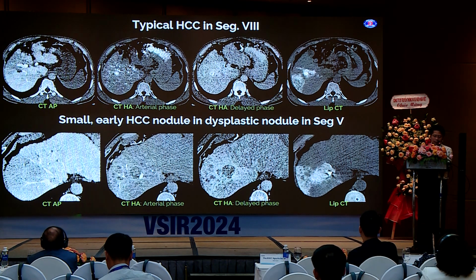So it's clearly an early HCC nodule in a dysplastic nodule, a nodule-in-nodule pattern. So we treat both nodules with selective TACE, and the CT shows that the lesion has good lipiodol deposition.